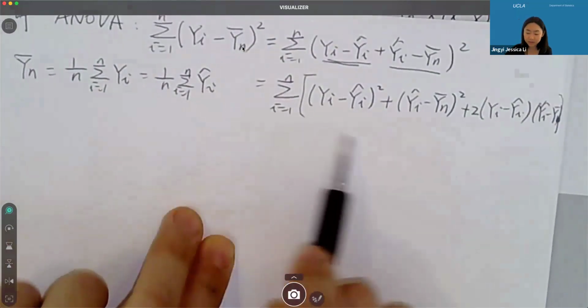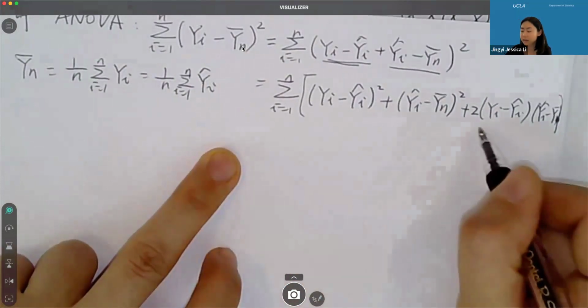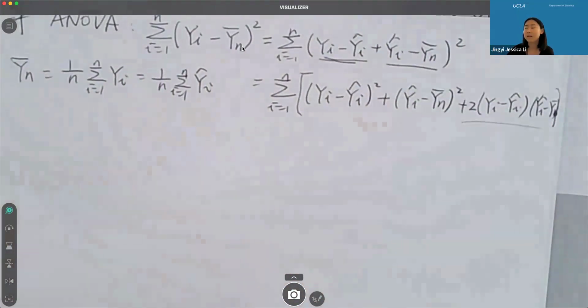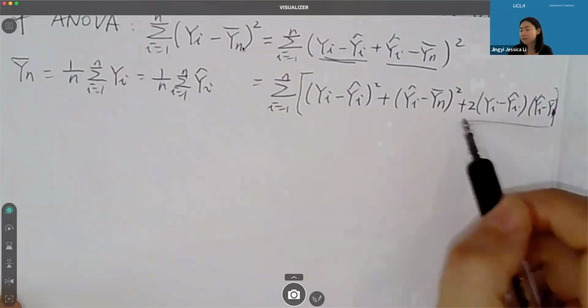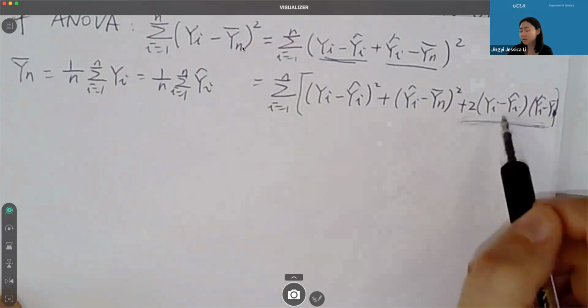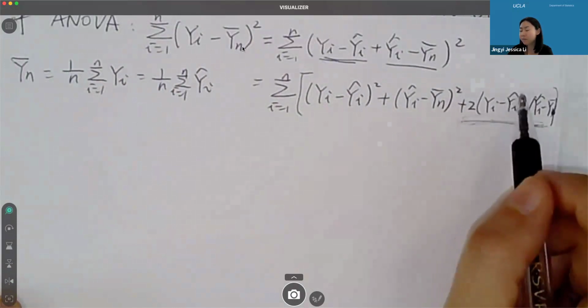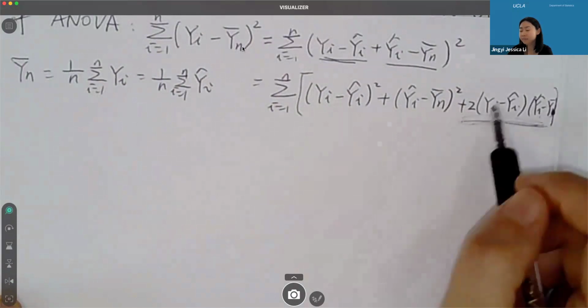But the first two terms are the key things to keep in mind. What we want to show here is that the sum of the cross term is actually equal to 0. For this one, I will leave it to you as an exercise to verify why this is equal to 0.